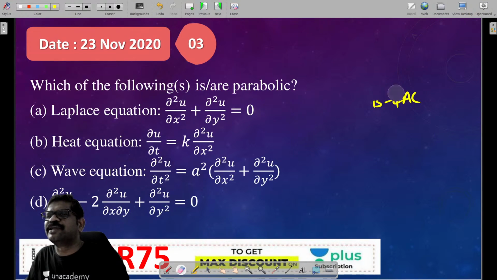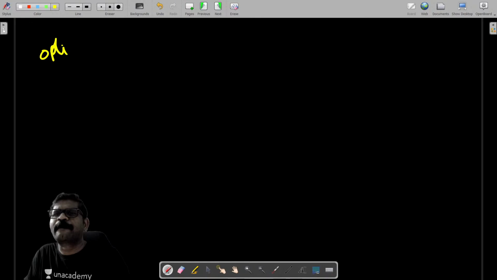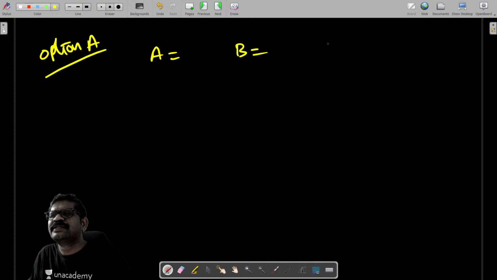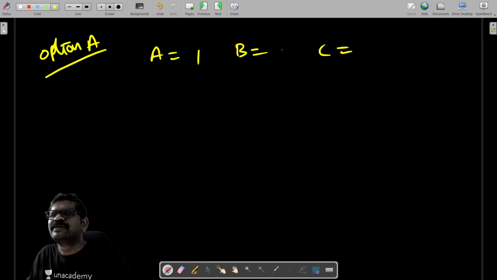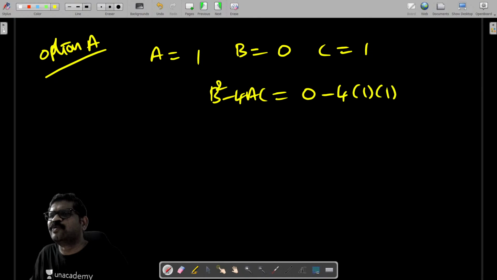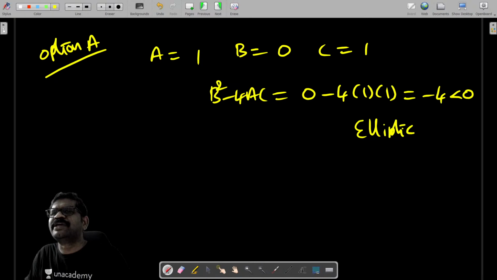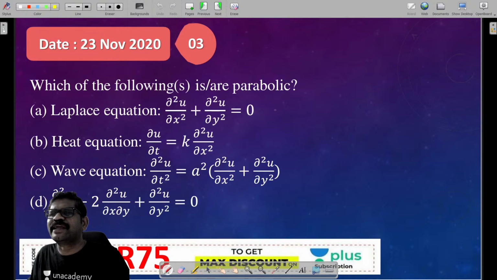Verify b square minus 4ac in first option, Option A: A value is 1, B value 0, C value 1. B square minus 4AC is 0 minus 4 into 1 into 1, minus 4. Negative. Negative means elliptic. In the problem he has questioned parabolic, so it is elliptic. So option A is incorrect.